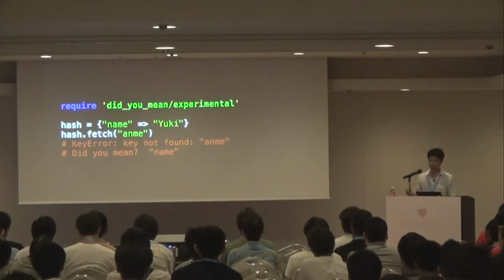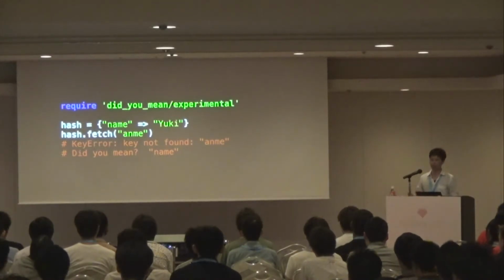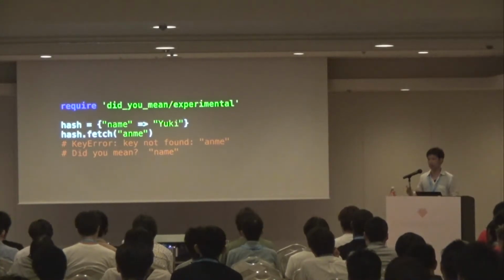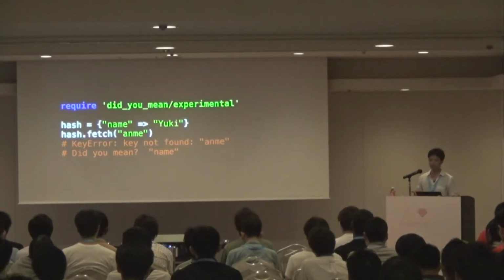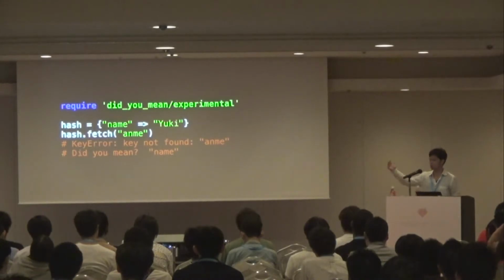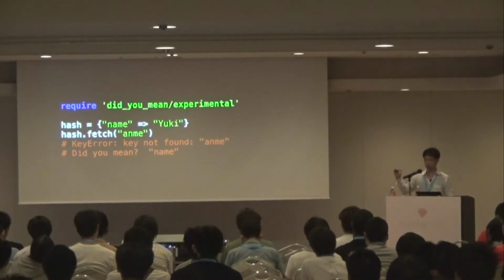And there's a commit that I made just last night, which made it possible to implement this feature without monkey-patching. Right now, this is accomplished by monkey-patching Hash and also KeyError, which is a little scary. But starting Ruby 2.5, it's not going to be necessary. So this is going to be promoted to a first-class feature. It's going to be no longer experimental, which is great.